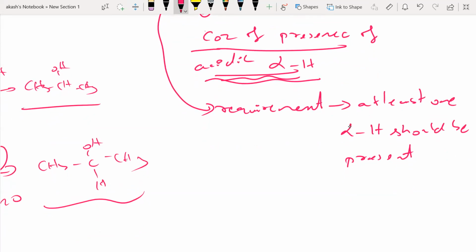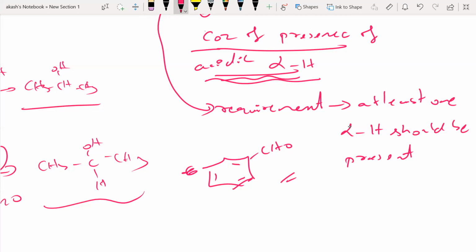Before we move on to the actual reaction, if I ask you, say I have benzaldehyde, the circle meaning double bond, double bond, double bond.